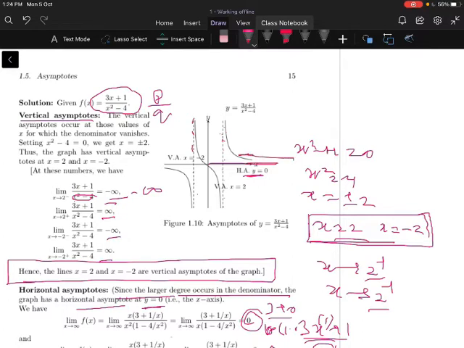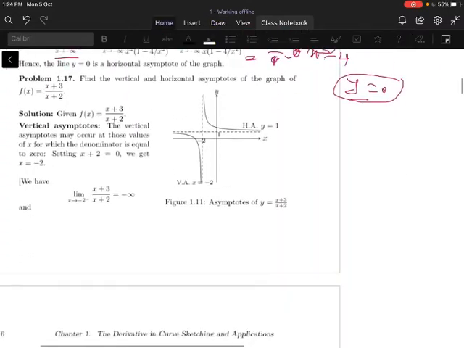Similarly, here you can observe again, this curve meets the lines x = 2 and x = −2 at infinity and minus infinity. Similarly, this curve meets y = 0 at minus infinity, and the vertical line x = −2 at infinity. So I think this is the curve with asymptotes which you have drawn.